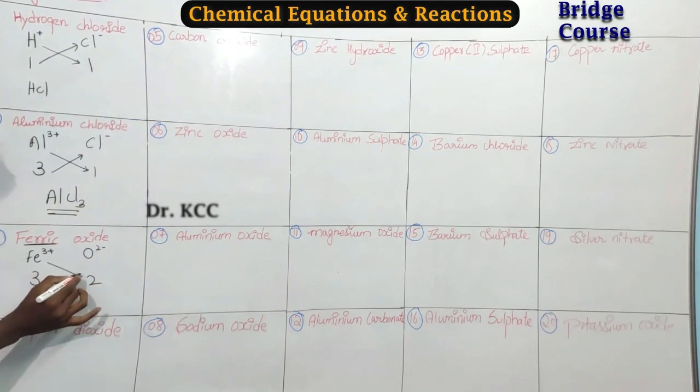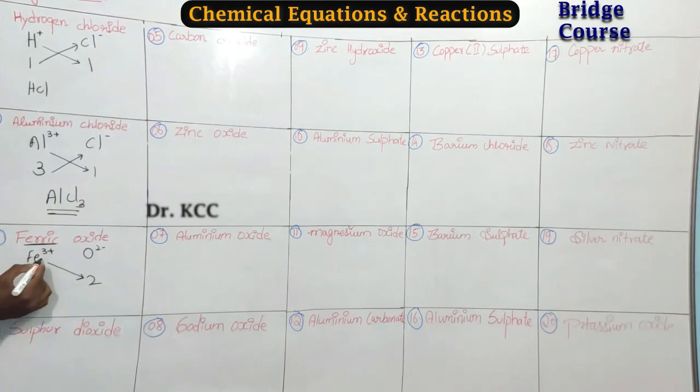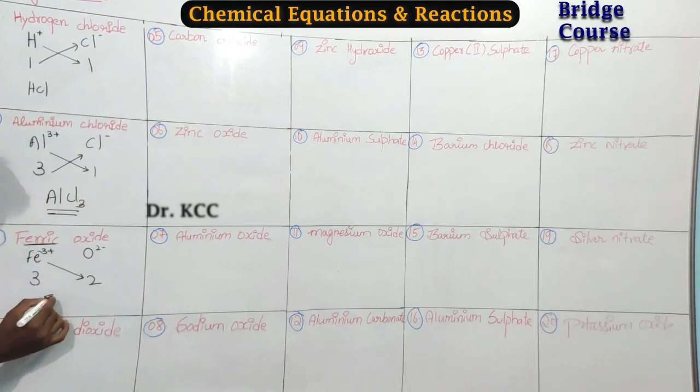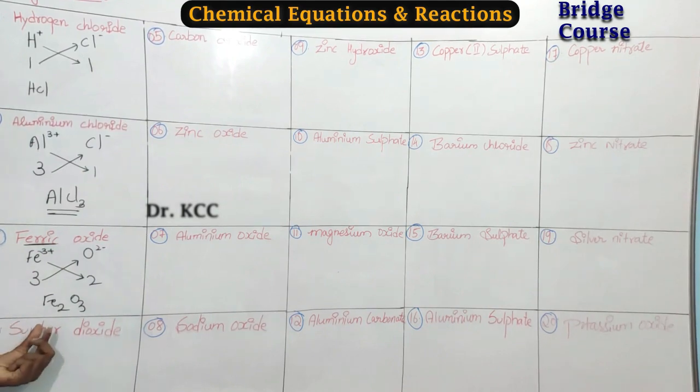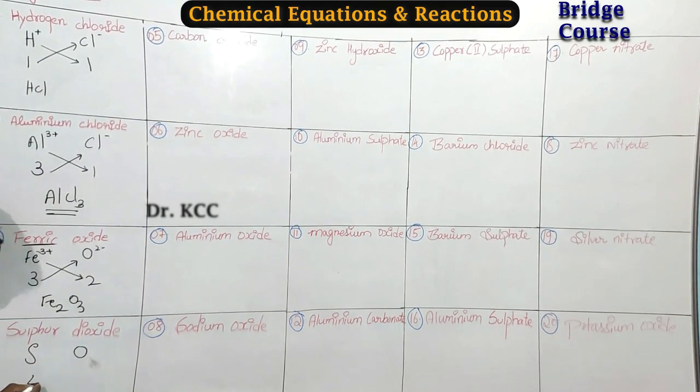Now cross multiply. What are you going to get? Fe is for how many times? 2 times, which means Fe2. Oxygen is for 3 times, O3. So what is the formula for ferric oxide? Fe2O3.